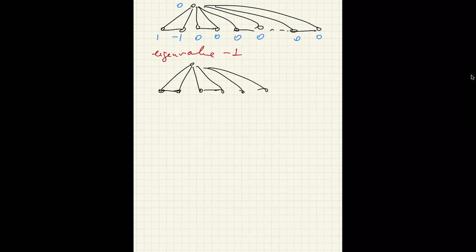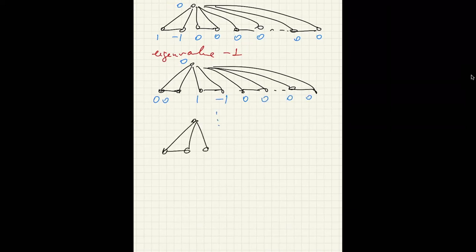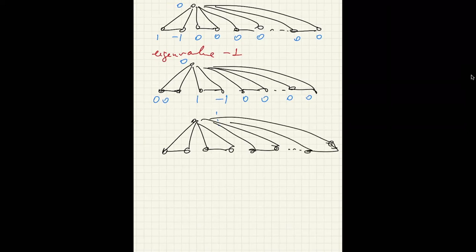some eigenvectors that are linearly independent. So you put 0, 0 here, you put the 1, minus 1 here, then 0, 0, 0, and you go all the way to the end. At the end you'll get 0, 0, 0, 0, 0, 0 and 1, minus 1.